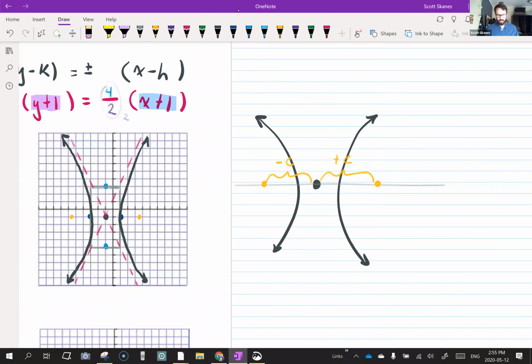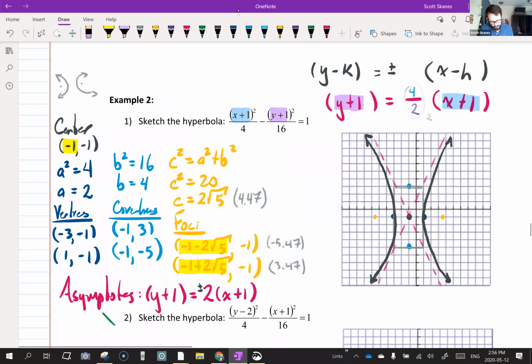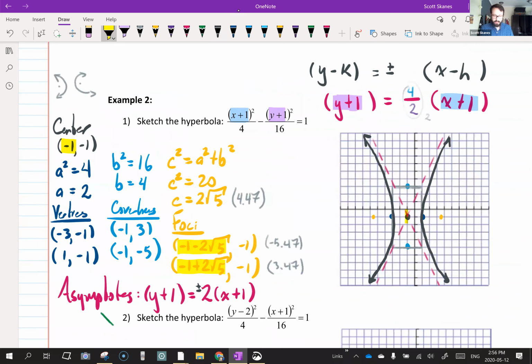So I'm not actually going to do that. Just remember, if you have a curve that looks like an X, for your focus, you have to add that C value to the X value, which is why I look over here. In this case, we had our center. I subtracted C from it. I got to that X value over here. And if I add C to it, I get to that X value over here. The Y value doesn't change, you don't touch it.